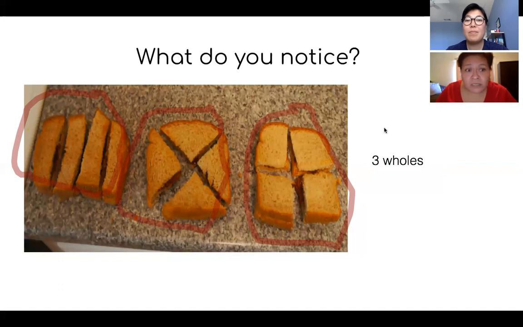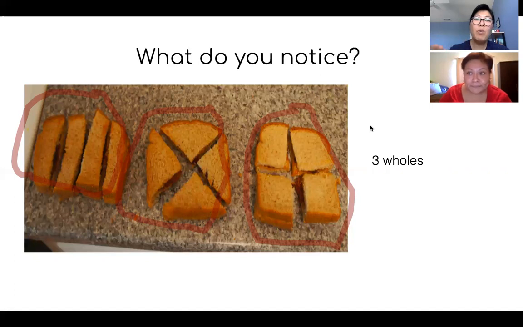So the first sandwich has vertical cuts, equal parts. The second sandwich is cut in diagonals. And the third sandwich is done with perpendicular angles, or vertical and horizontal. So there are 3 types of ways of cutting these sandwiches. So there are 3 whole sandwiches.